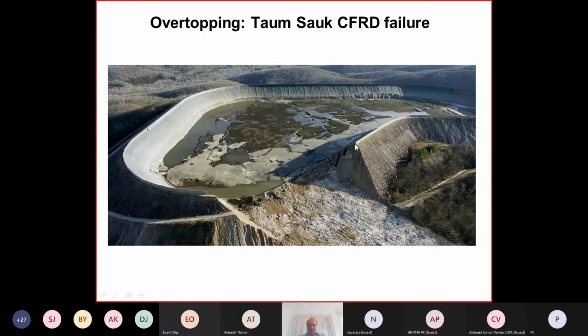I show here, what is the design error here? If I make all of this dam, there has been no spillway because the engineer thought it is on top of a hill, so there is no inflow. It is logical, but he forgot to think somebody is pumping 100 cubic meters per second or so, and then it will overtop and it fails.